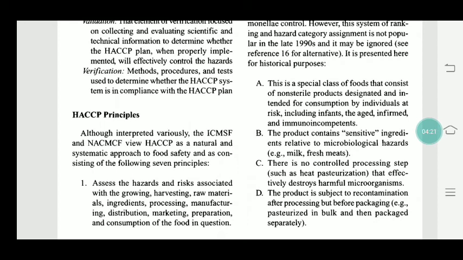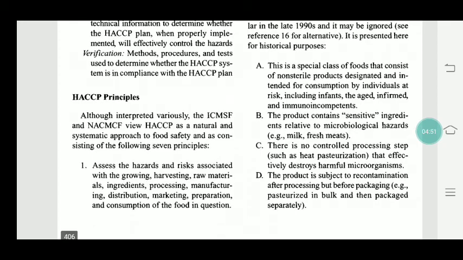For example, milk and fresh meat, which are very sensitive, easily contaminated products. Then C, there is no control processing step such as heat pasteurization that effectively destroys harmful microorganisms. So in processing the food there is no step of heat pasteurization, no specific step to control the contamination.